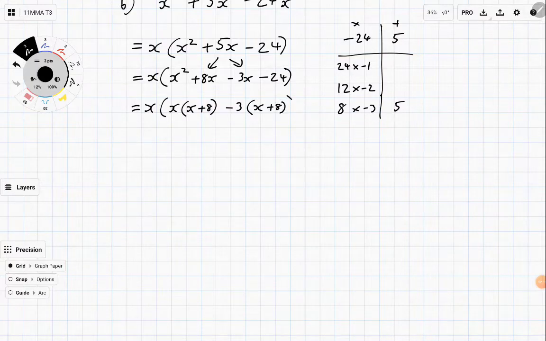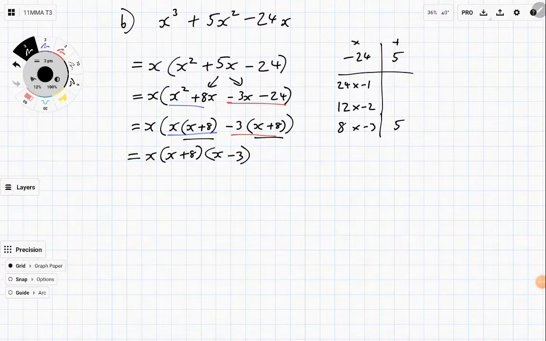And once again, we can check that that works out nicely. Remember, we're just factorizing bit by bit. And now we can pull out the x plus 8 that they both have in common. We get x plus 8, x minus 3. And there we go. We've just factorized directly.